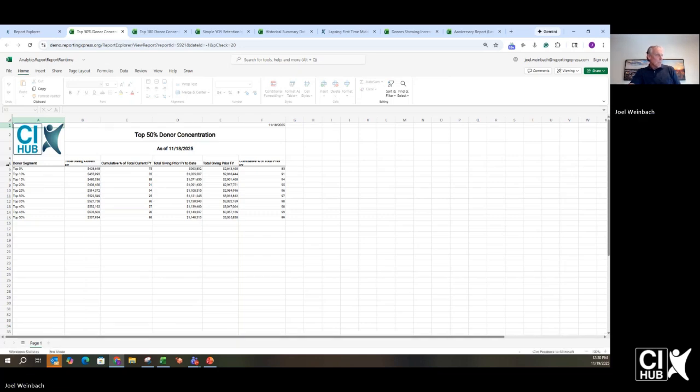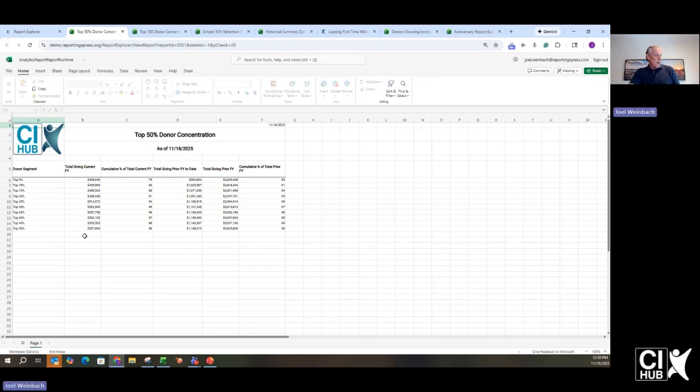So the top 50% of my giving represents 99% of what I got the prior year, 98% of the cumulative year giving. So that means the bottom 50% of my donors contribute very little to the overall revenue of the organization. So something to think about how you manage them cost effectively.